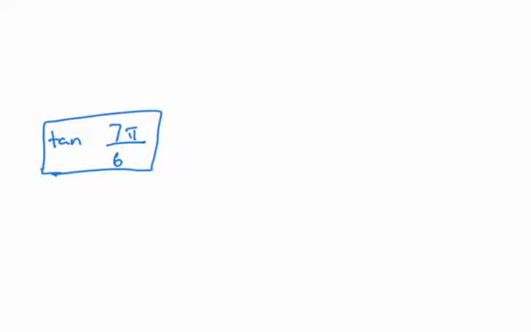First thing I'd like to do is get a feel for 7 pi over 6 in terms of degrees. If I do that conversion, the pi's cancel out. So 180 divided by 6 is 30.